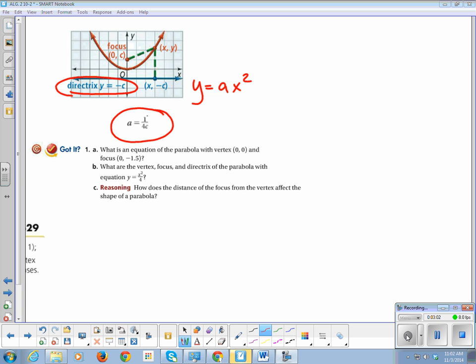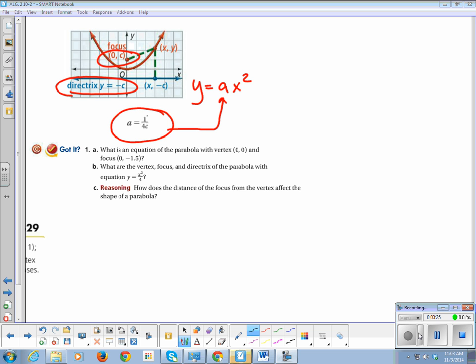The directrix is y equals -c, and the focus is at 0, c. So if you are given the directrix or the focus, you can find the equation of your vertical function.